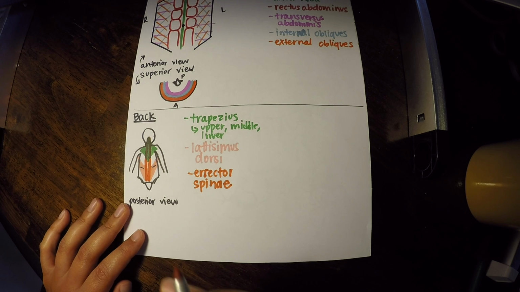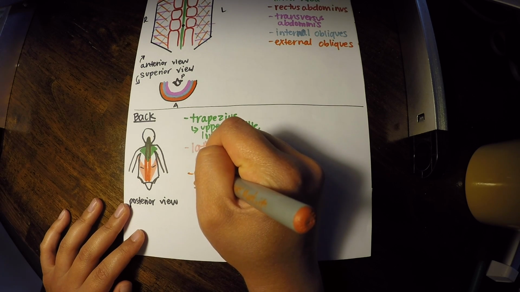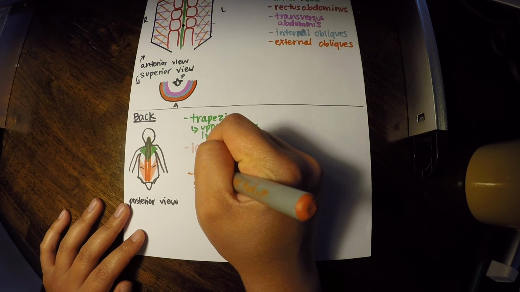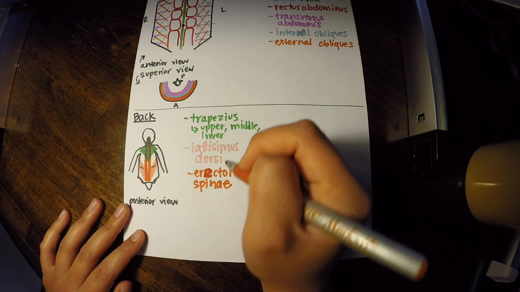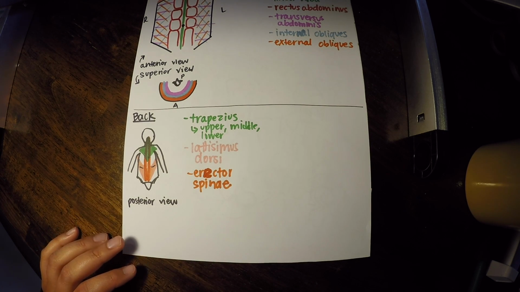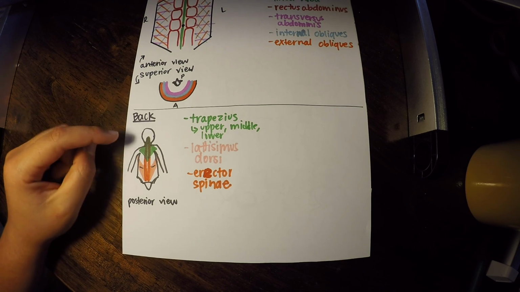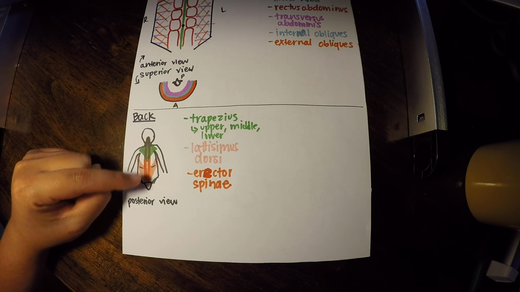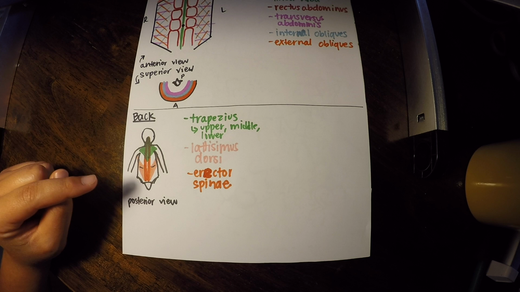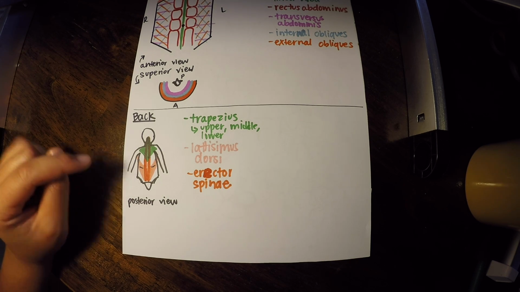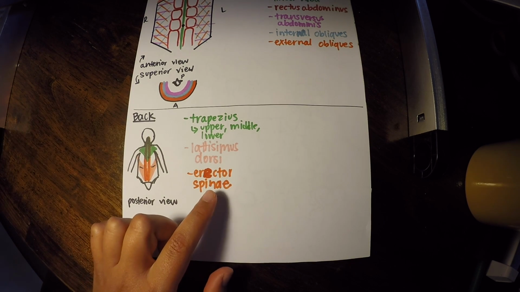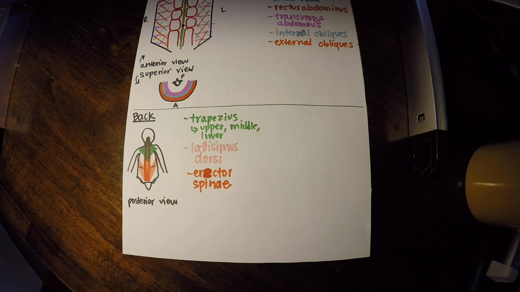There should be just one. It's R-E-C-T-O-R, erector spinae. And what this muscle does is it basically stretches from our cervical spine all the way down through our lumbar spine. And what it does is it extends our spine. Extension kind of sounds like erector, so that's how you can remember it, that erector spinae extends our spine.